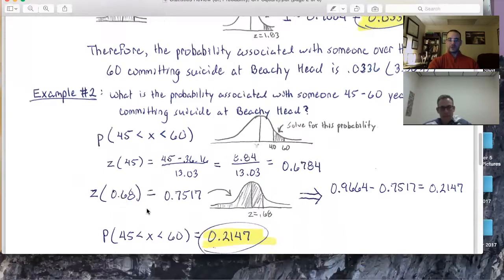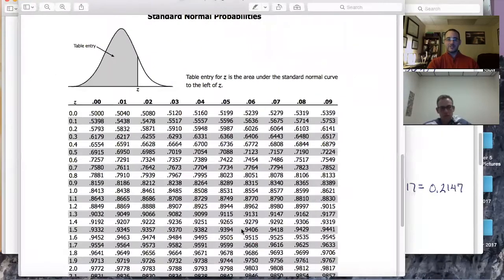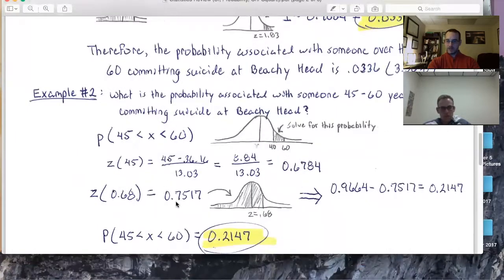And if we look that up in our z table, a z of 0.6, and we go all the way over to 0.8, as long as I did that correctly, 0.7517. So let's check to make sure I did that correct.